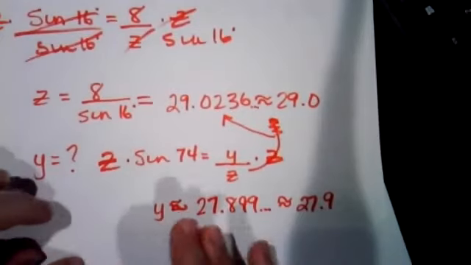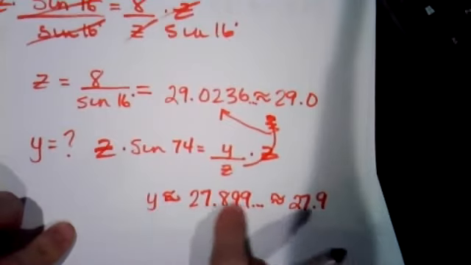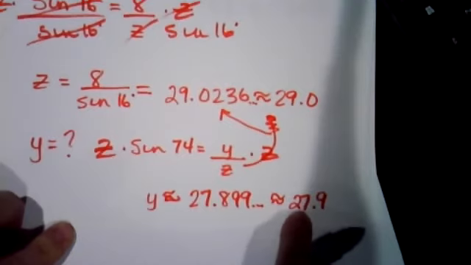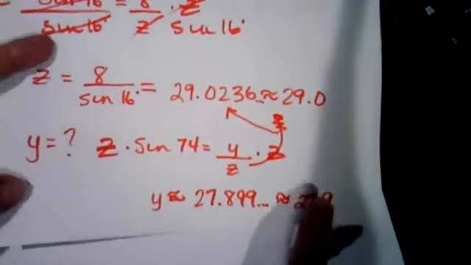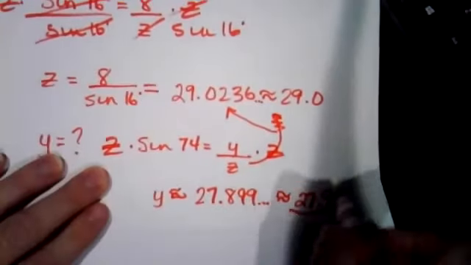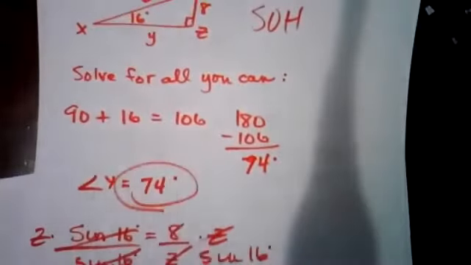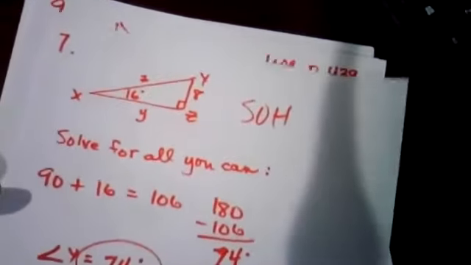Either way, you get the same answer. So my answer in the end for y is equal to 27.899, and it went on forever. And then I rounded to the nearest tenth. Okay, and so I have this, and I have this. So I've now solved for the entire triangle that I needed.